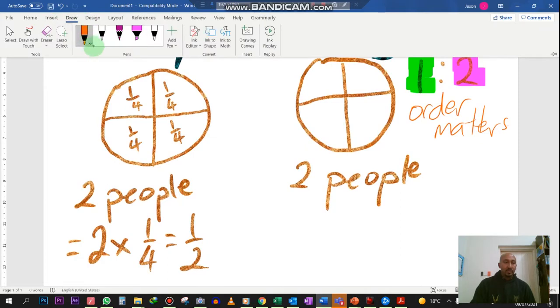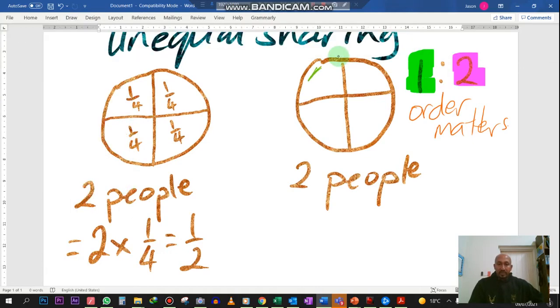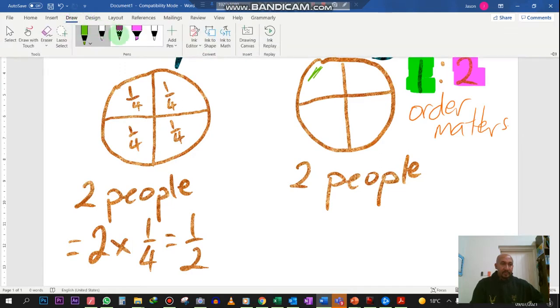Now, if I had to continue dividing this pizza up, in this case here, it's easy to see that this person here would get 1 piece of pizza. Now, let me make that a bit bigger.